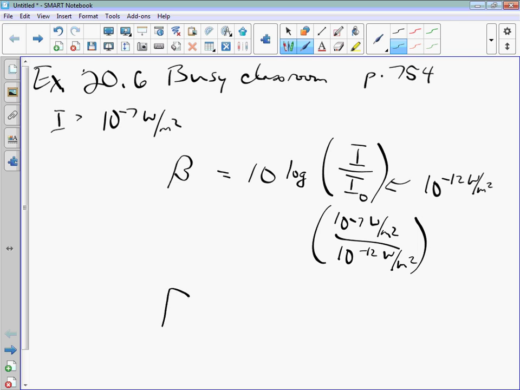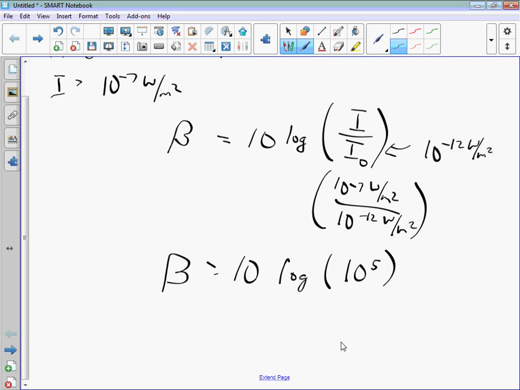So beta equals 10 log of 10 to the 5th. If you take the log of 10 to the 5th, you get 5, times 10, you get 50. Our intensity level is 50 decibels.